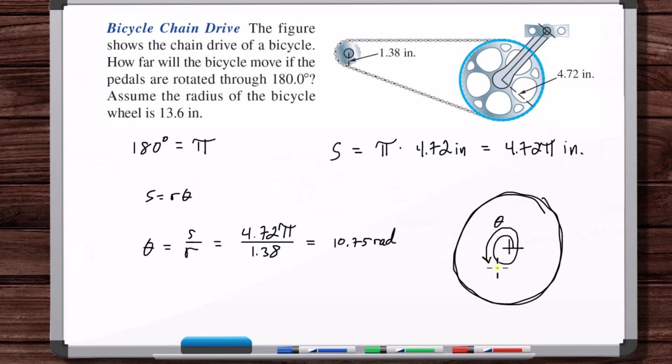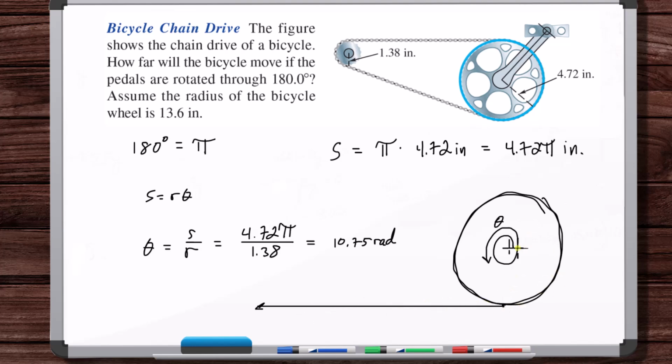Think about laying out the circumference of the wheel over that entire rotation, because each point of the circumference had to touch the ground over its entire motion. So the linear motion is the same thing as the amount of circumference that touched the ground as it went along.